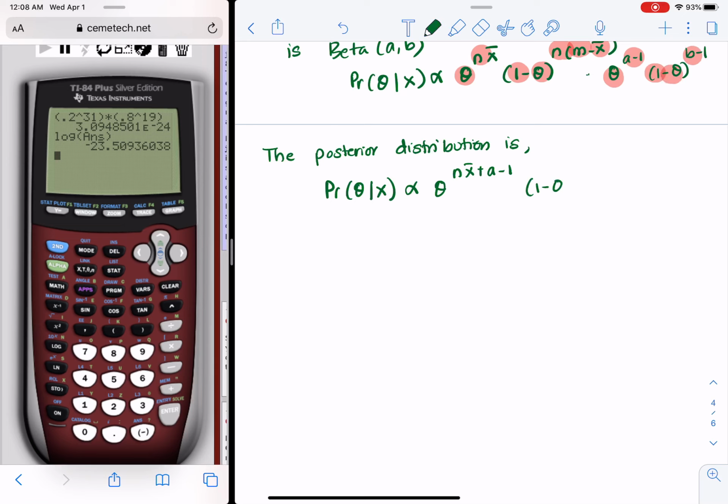Bases are identical, combine the powers: n times m minus x bar plus b minus 1. And that looks like another beta distribution. So that would be our new A, and that is our new B. So the posterior in this case is simply beta of n x bar plus A, comma, n times m minus x bar plus b.